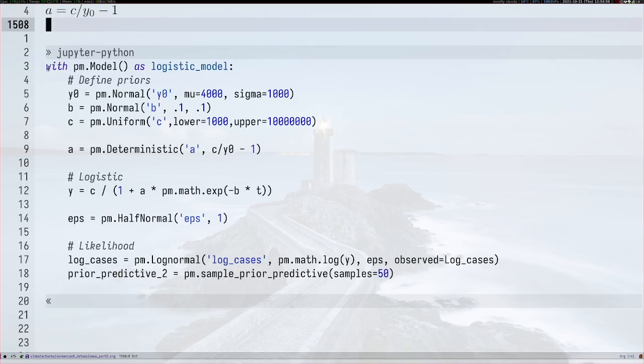So the model now takes the following form. Again, we have with pm.Model as model, and I call this model the logistic model. I'm defining my priors. For y0, the number of cases that we have at the start, let's say that could be 4,000, and then the standard deviation on that is 1,000.